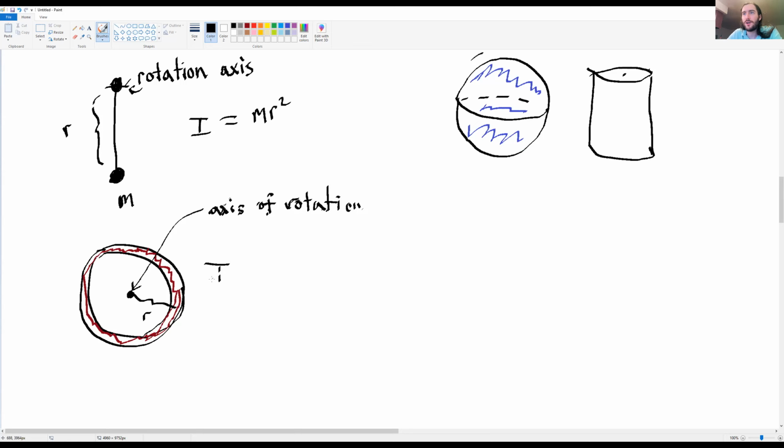And so the moment of inertia now about the center of mass, through the axis of symmetry, now you can see why moments of inertia can get a little bit complicated, is also equal to mr squared. And now the meaning of m is the total mass of the ring.